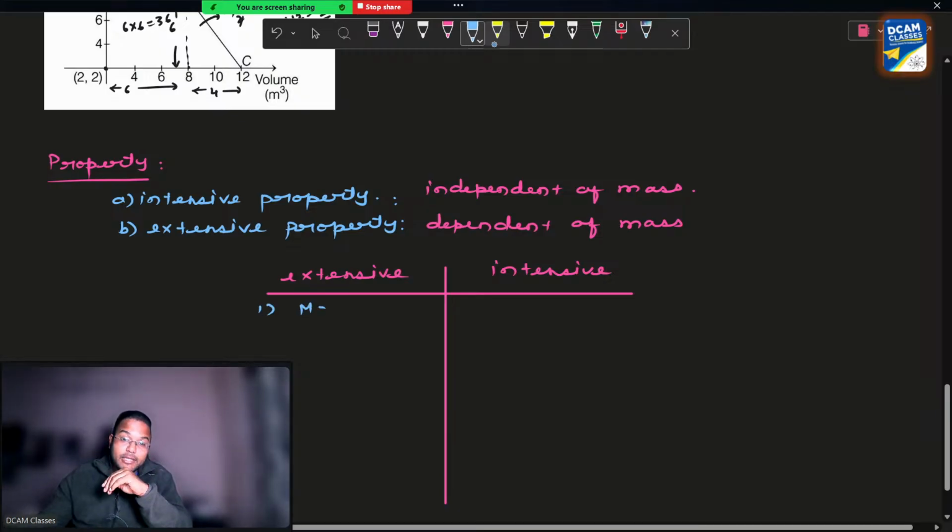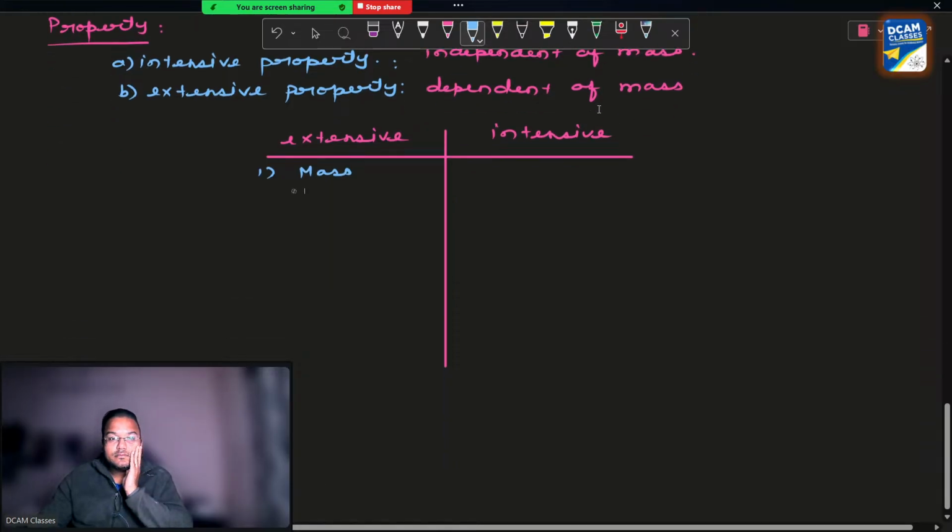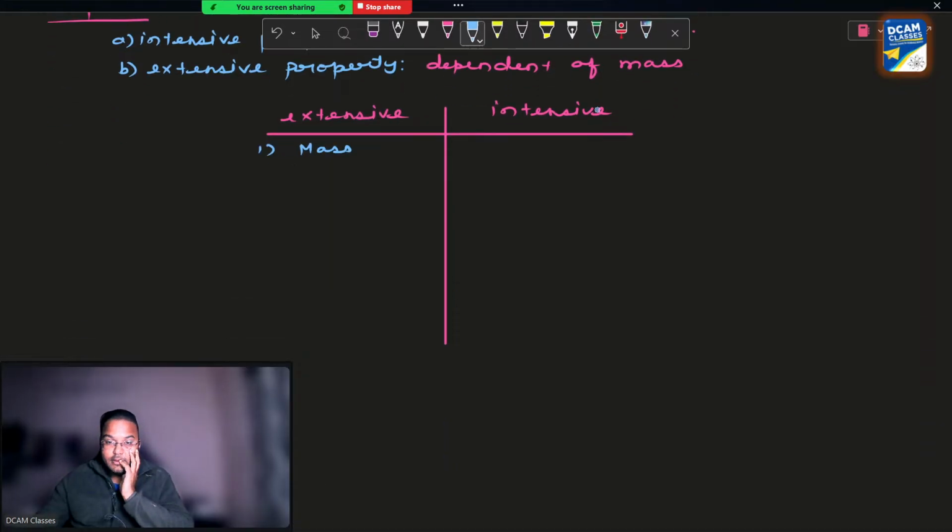Extensive, one is mass. Second is volume. Volume is also dependent. Okay. G, Gibbs energy, Gibbs function. Gibbs function you will be learning later. Now I have not introduced you to Gibbs function.